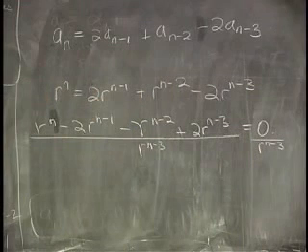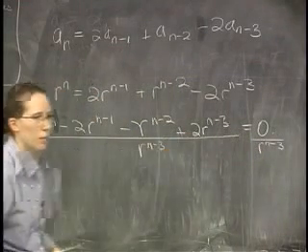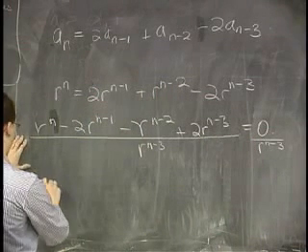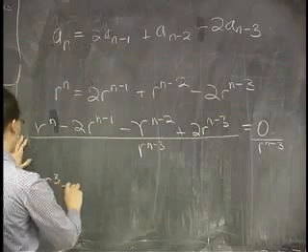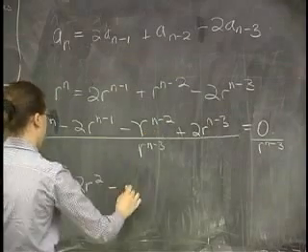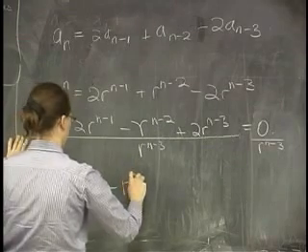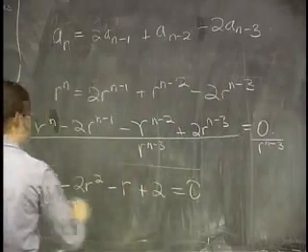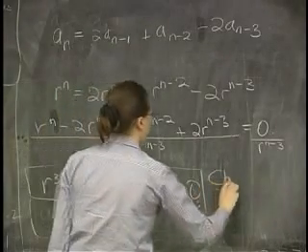The reason I'm doing this is I want to end up with a constant term out on the end. I want to end up with a polynomial. So I get r cubed minus 2r squared minus r plus 2 equals 0. So this guy's my characteristic equation.